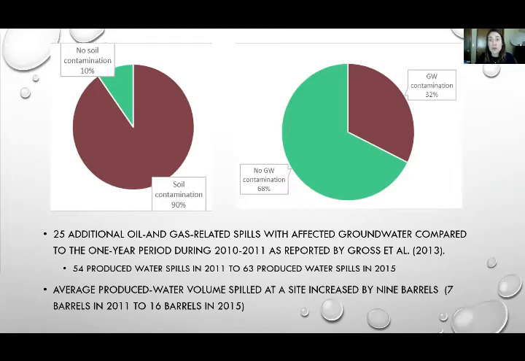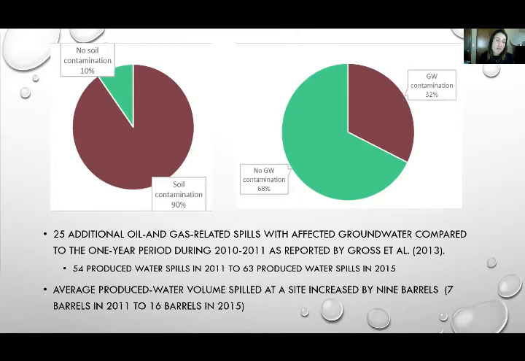So you can expect that out of all of your spills, about a third of them will result in groundwater contamination. And comparing back to that other study, I found that there were 25 additional oil and gas related spills with affected groundwater compared to the 1 year period during 2011 by Gross et al.